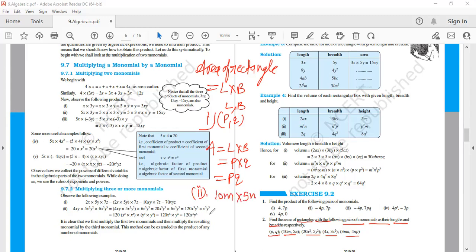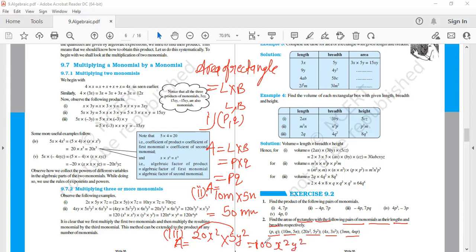And second part, 10m into 5n. It's very easy. Again the area will be 50mn. Simply, the third one: 20x square into 5y square.